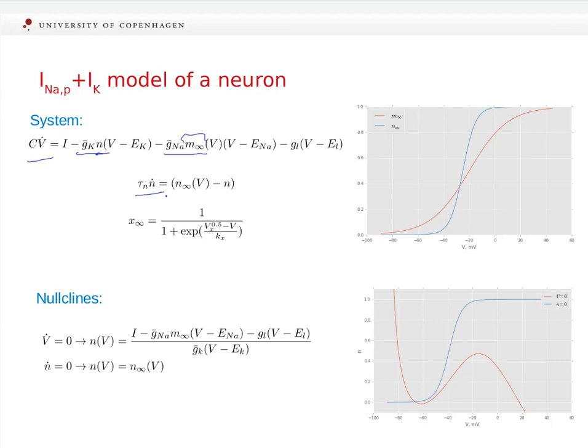Both potassium and sodium currents have their own voltage dependencies, and they are depicted in this figure. This is for the sodium current, and this one is for the activation of the potassium current. These are the steady state activation variables for each membrane voltage.